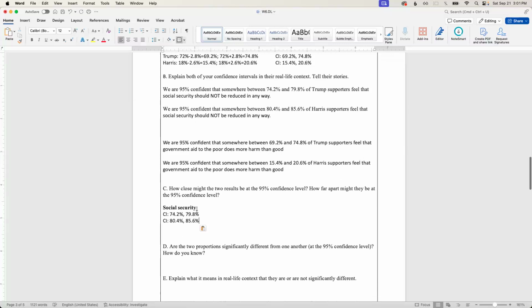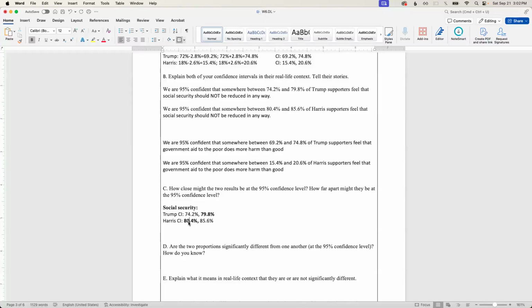Okay, for Social Security, these were my Trump supporting one and Harris supporting one. And so if you have trouble with this, I would suggest just drawing it out on a number line and seeing where they fall. And so we can see that the closest they might be is here, right? This is the closest they might be. If these overlapped, then they could be the same. So like if the upper bound here was 82, then they could both be 82%, for example.